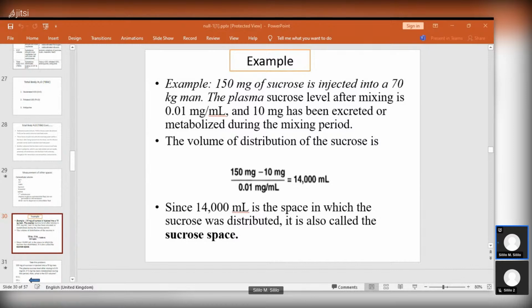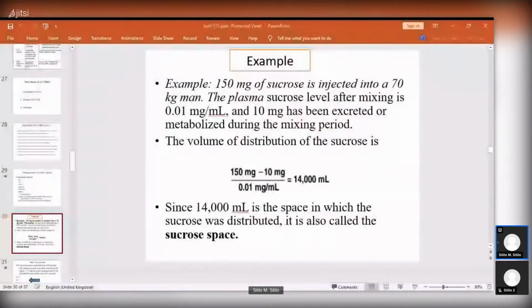When you calculate your ECF, and then you also calculate your plasma, your IST will be equal to what?